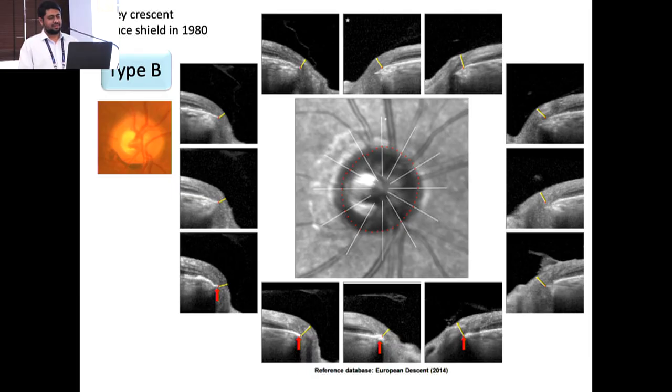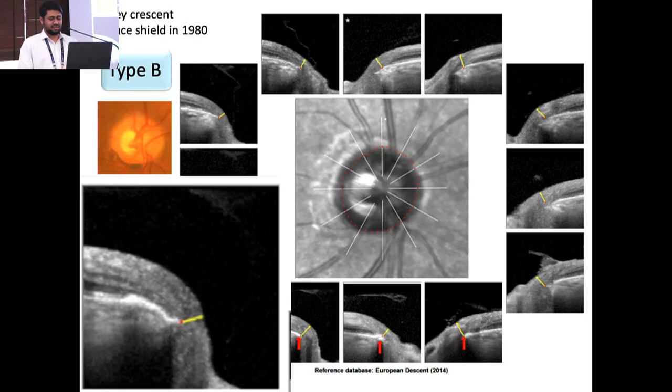And one thing I have to emphasize is the gray crescent. This was described by Bruce Shields in 1980. You can see in the inferior portion there is a pigmented gray crescent, and that usually will be mistaken for glaucoma. The inferior rim appears thinner. With this OCT, we can clearly say that the Bruch's membrane opening is encroaching into the retinal nerve fiber layer.